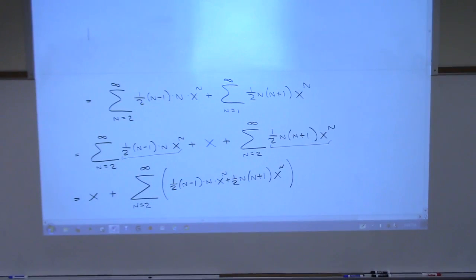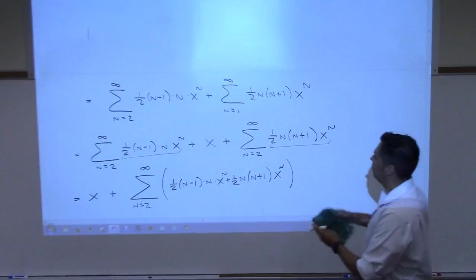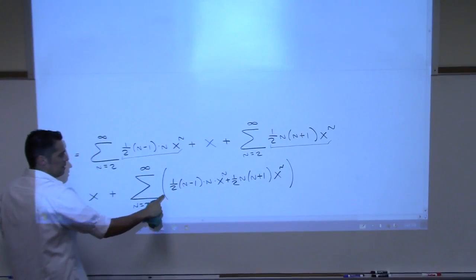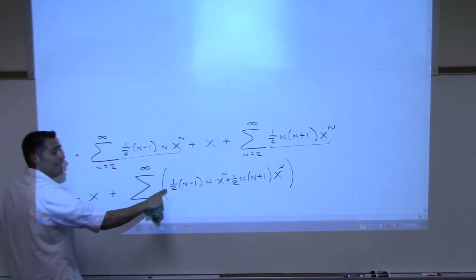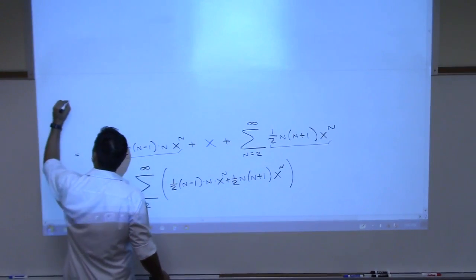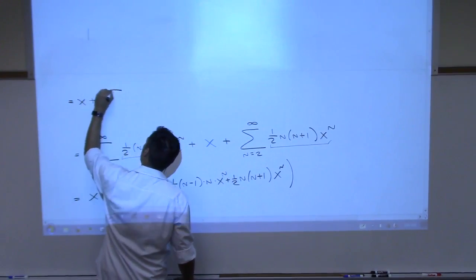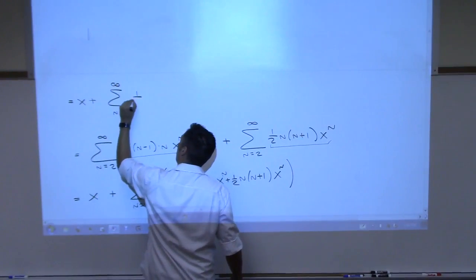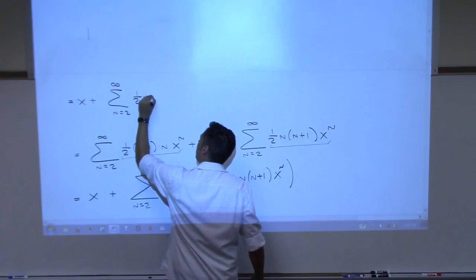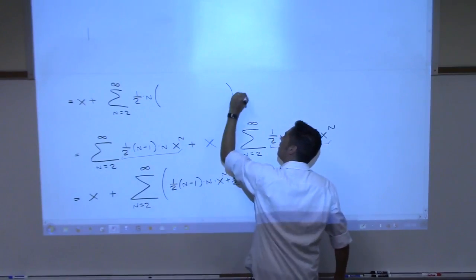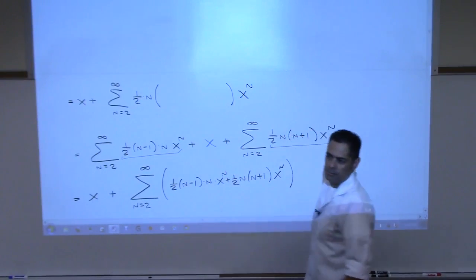Now, let's pull out any common factors we have out of this one. What do they have in common in that parenthesis? I have a 1/2, I have an n, and an x to the n, right? So equals x plus summation n equals 2 to infinity. I'm pulling out a 1/2, an n, and an x to the n, but I'm going to choose to put that x to the n on the back side.